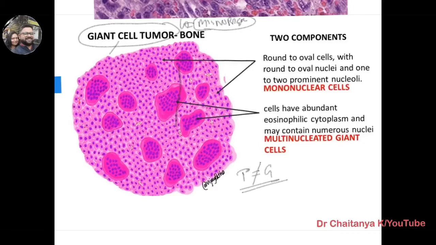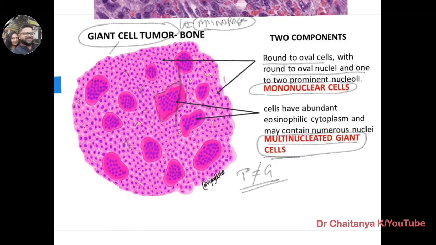Please remember here, the tumor cells are actually quite few in number, and these are round to oval cells called mononuclear cells, having round to oval nuclei and 1 to 2 prominent nucleoli. These are basically the tumor cells, and the giant cells are many in this tumor, called multinucleated giant cells. So it is a giant cell tumor.